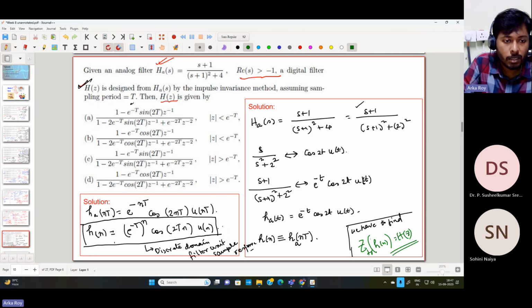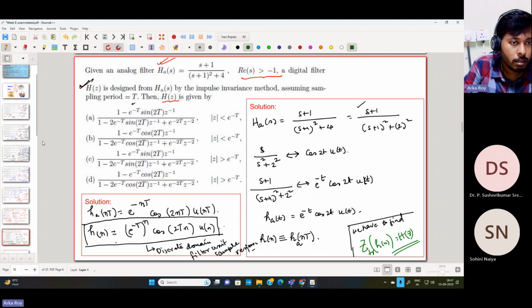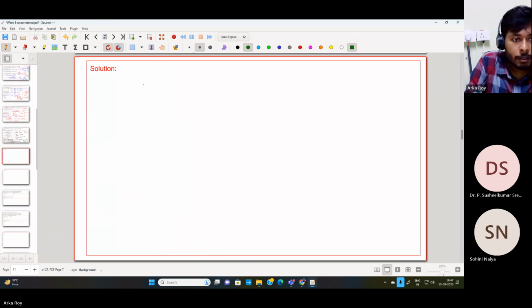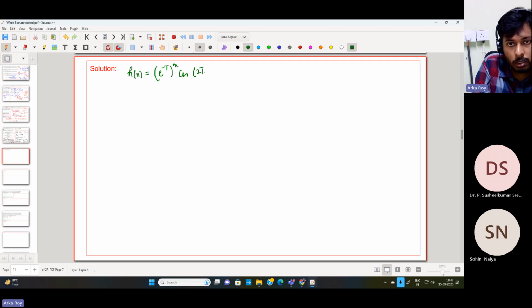That is basically our main aim for this particular question. So now, h(n) equals e to the power minus T, to the power n, cos 2Tn.